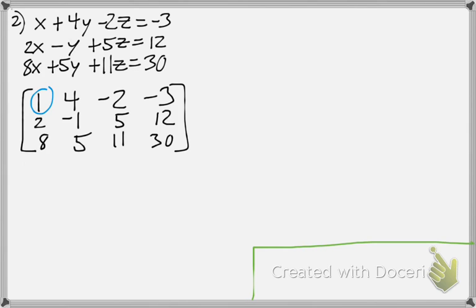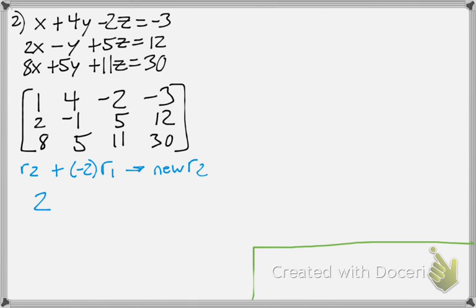My first step is I want to get a 1 here, but that's already been done. So that's good. Now I need to get zeros underneath it. So let's first try to eliminate that 2. I can take row 2 and add -2 times row 1 to it to get my new row 2.